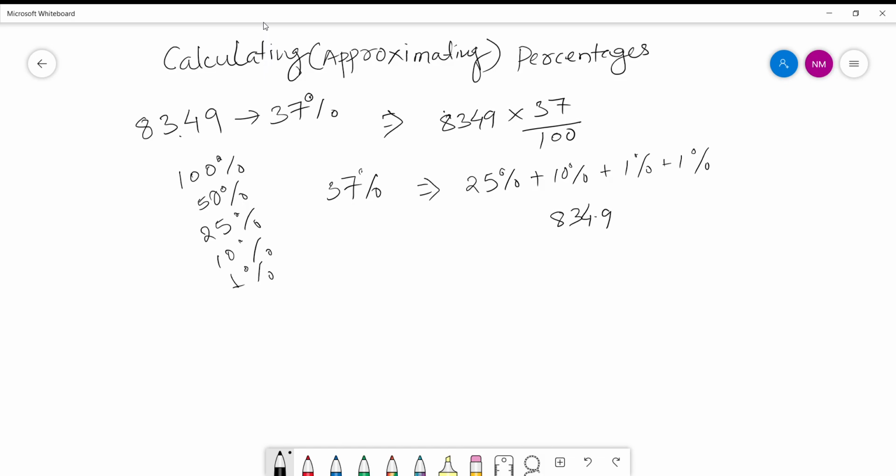My 1% is 83.49. And then I have to calculate the 25%. Dividing by 4 is not a very difficult task. So it is 2087.25.